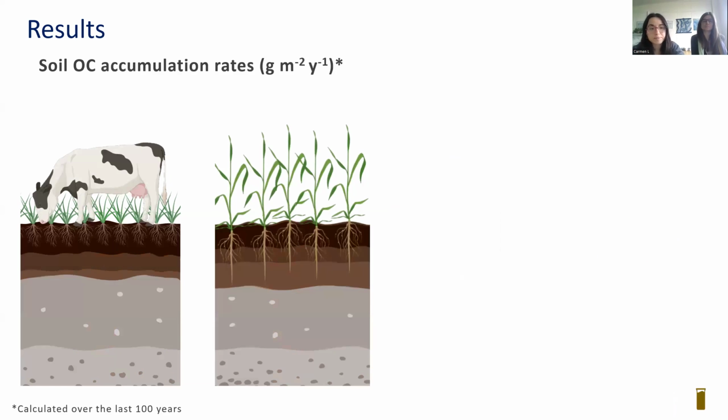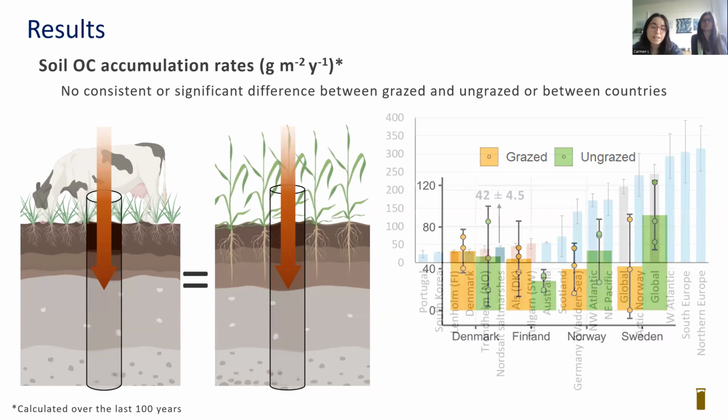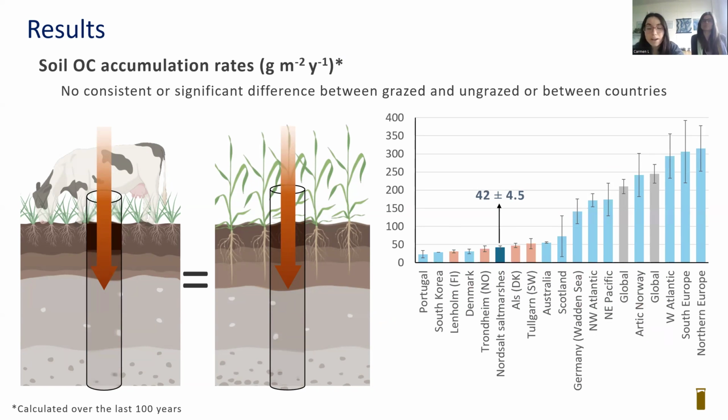About accumulation rates. We did not see a significant difference between grazed and ungrazed or between countries. And when we average the values we obtained and compare that to literature values, in this case, the Nordic salt marshes are in the lower end of the range.